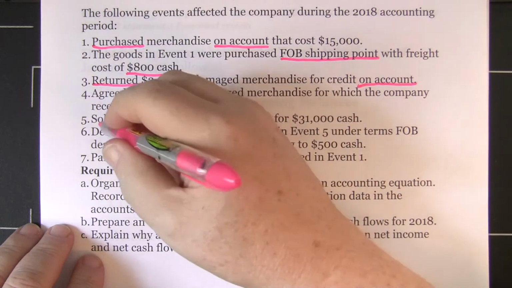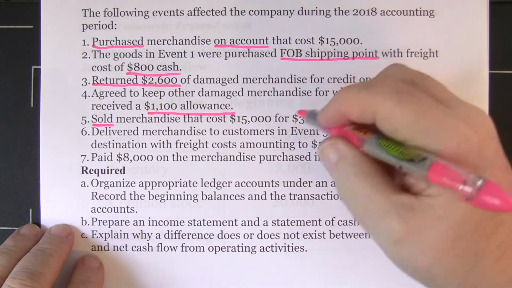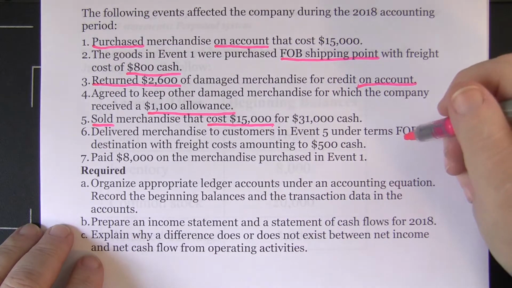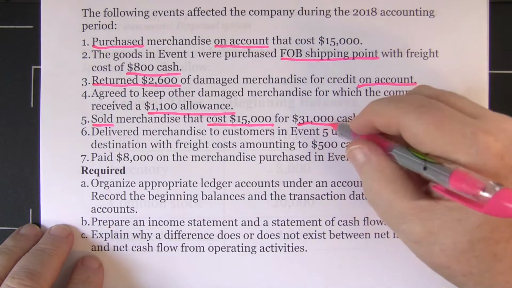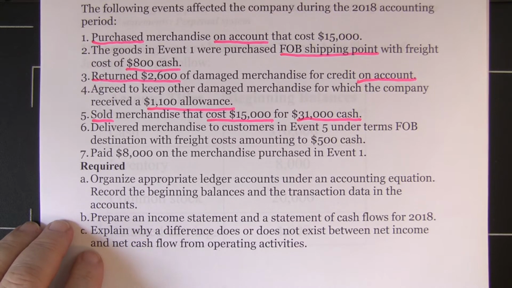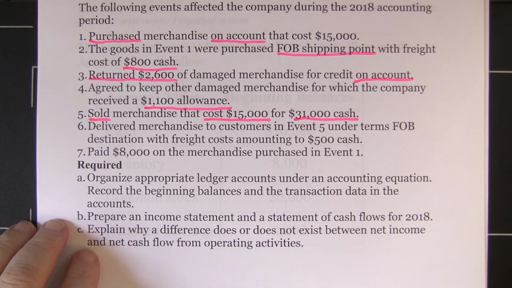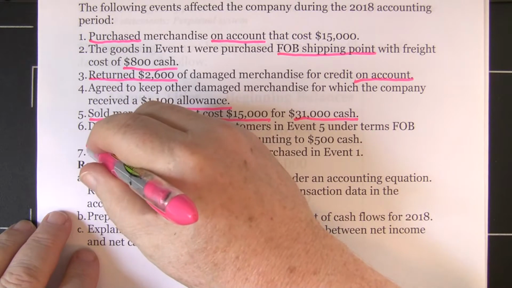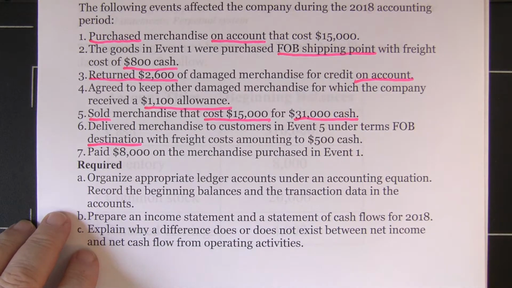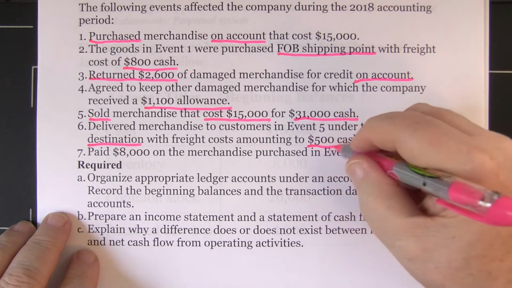They sold merchandise that cost, so our inventory went down. For cash, our cash went up. Delivered the merchandise to customers in the above event under terms FOB destination, which means we own them until the customer signed for them.